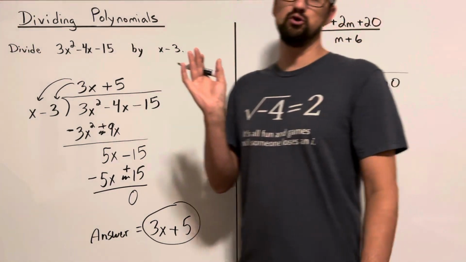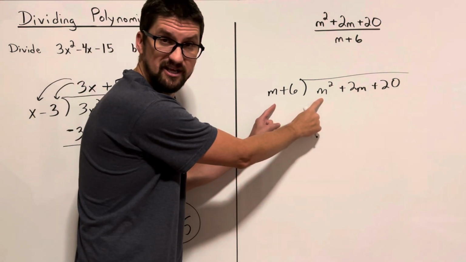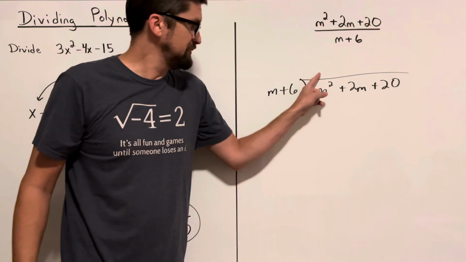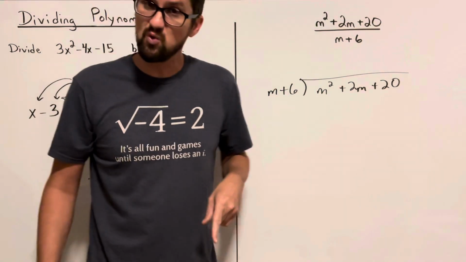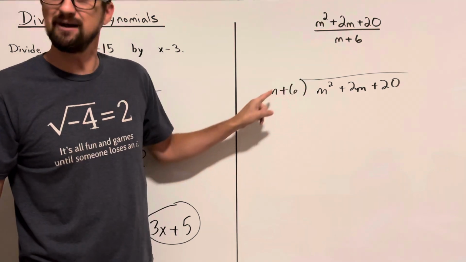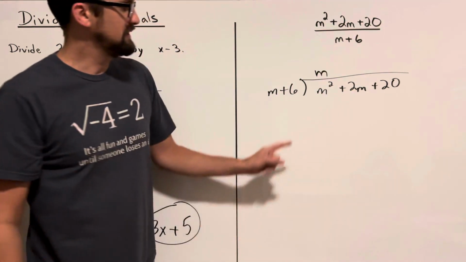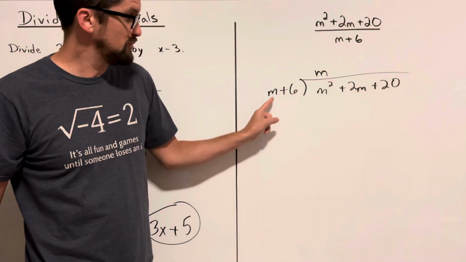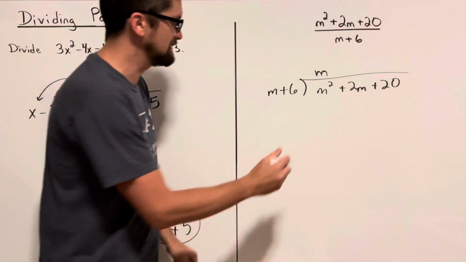All right, now we're going to do the same process. I'm going to focus in on just these two guys, m and m squared. This term up here is going to multiply by m to give m squared. And it's going to be m. M times m is m squared. So I'm going to have an m up here. And then I'm going to distribute the m to both the m and the 6. So it's going to be m squared plus 6m.